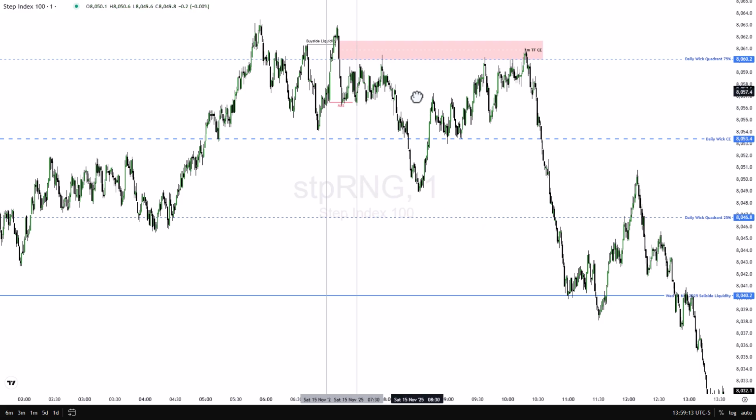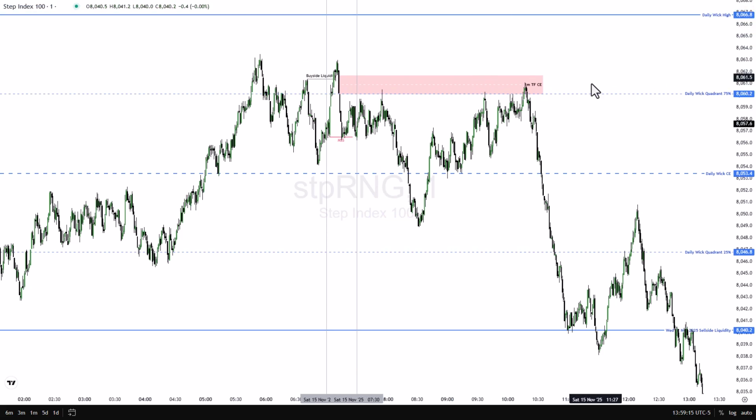So how did I utilize these daily key levels to formulate this short trade based off the 75% quadrant level on the November 15th? This is how I shorted the market utilizing the New York opening range of 7 o'clock.